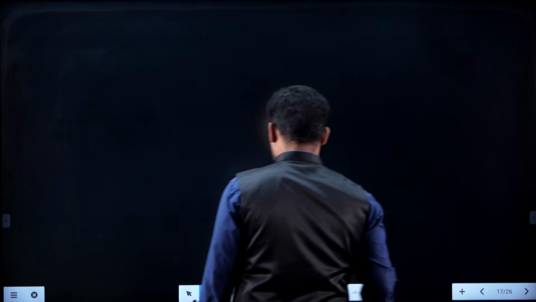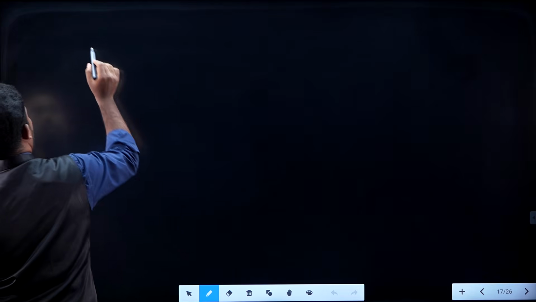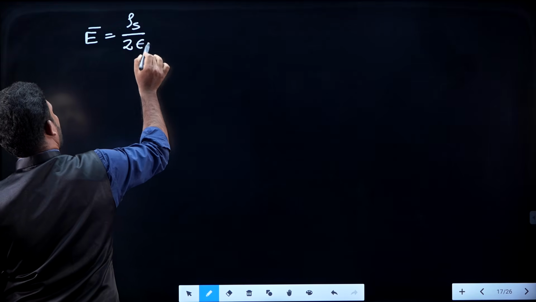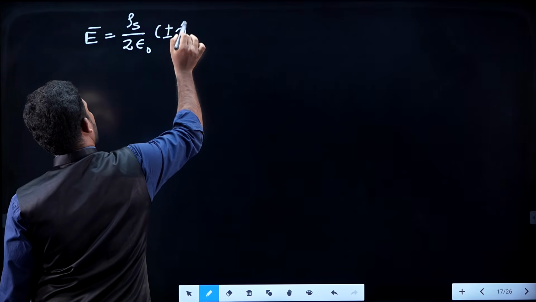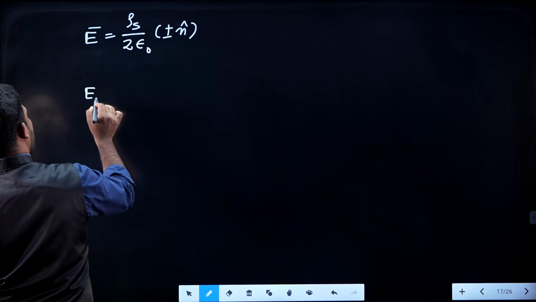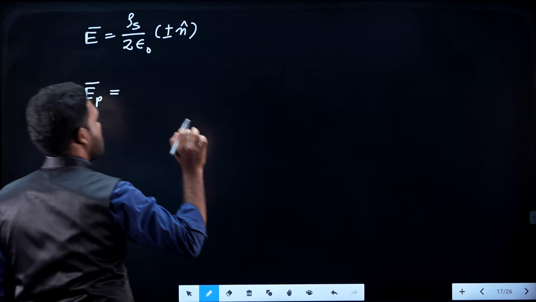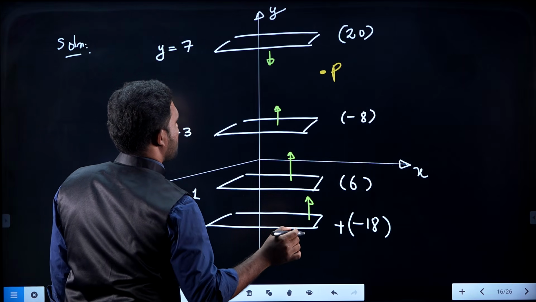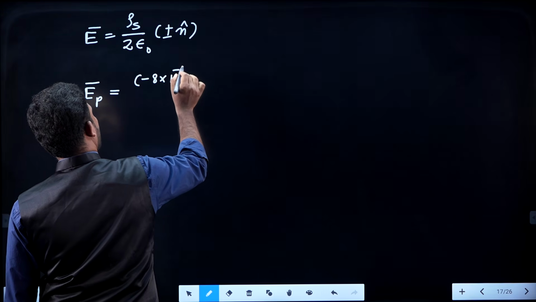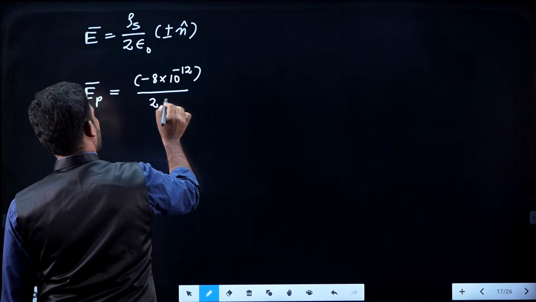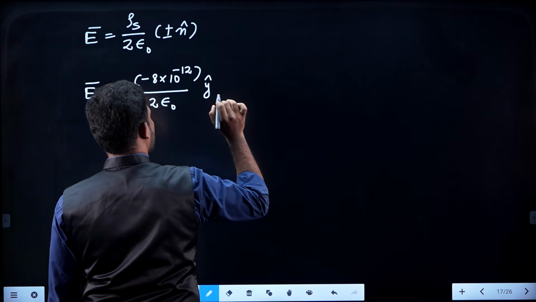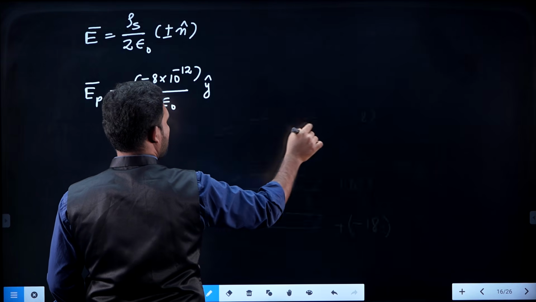So, let us use the formula here. What is the formula? E is equal to rho s by 2 epsilon naught, plus or minus n cap. n is the normal here. So, what is the overall electric field there at point P? Minus 8 into 10 to the power of minus 12 divided by 2 epsilon naught, it is in the y direction, because I have taken the charge along with the negative sign.